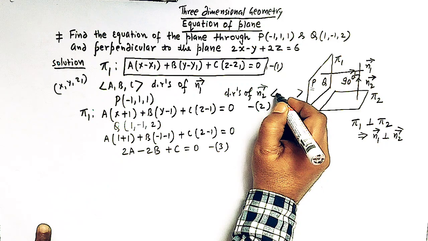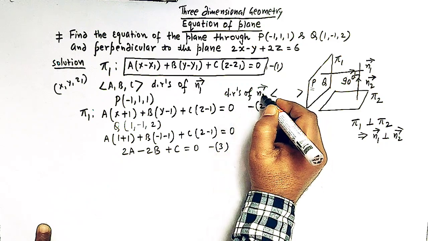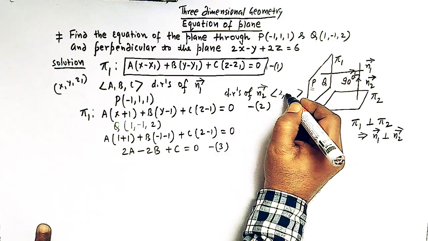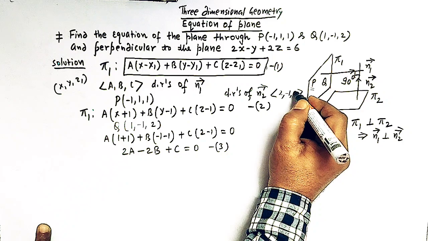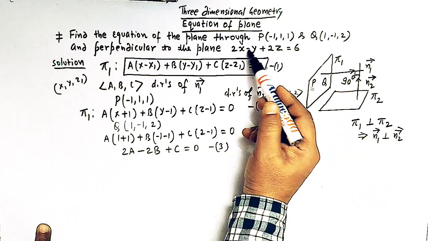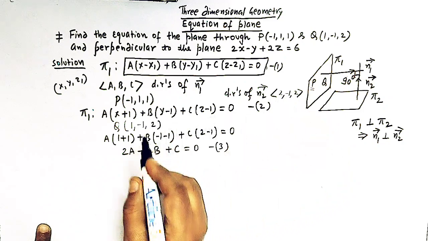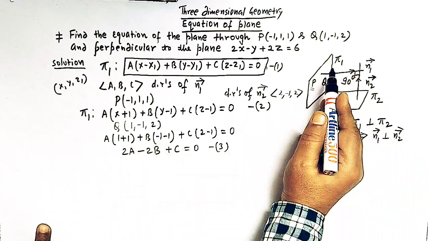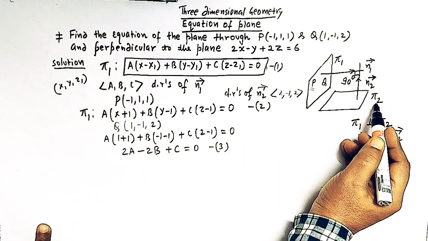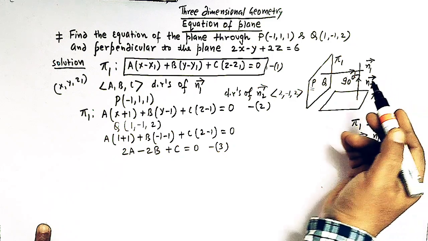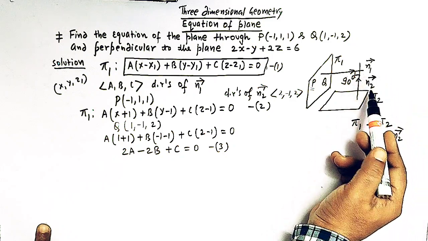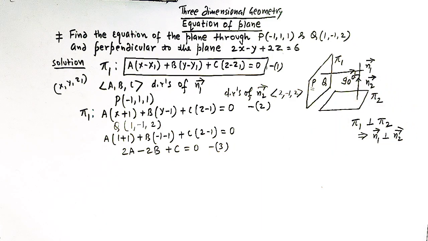So we have the direction ratios of vector n2 as 2, -1 and 2. So here we have 2, here we have -1, and here we have 2, right? Now the plane pi 1 is perpendicular to pi 2. So the normal vector n1 is perpendicular to n2, right?